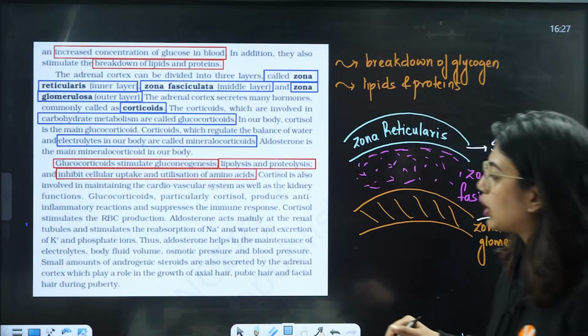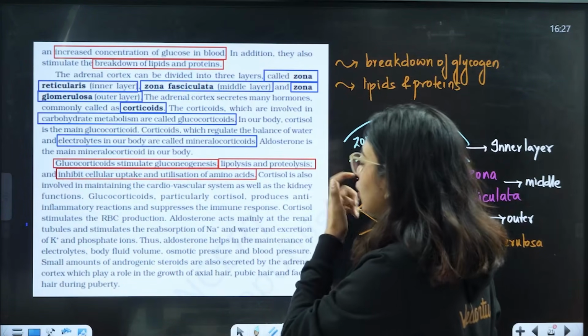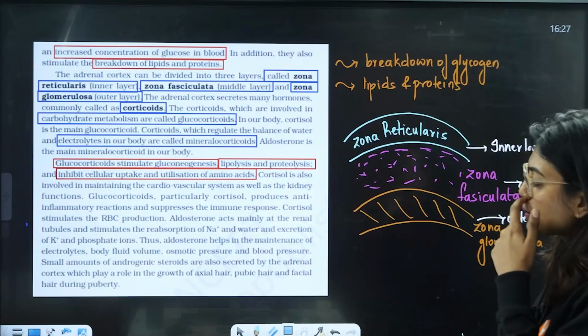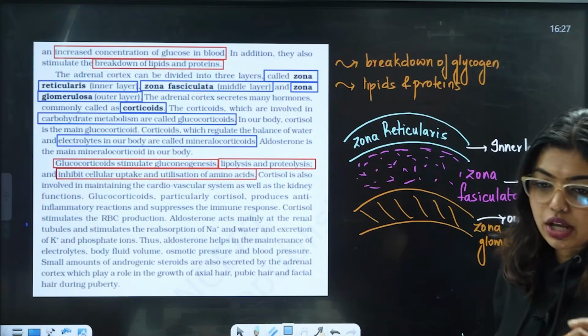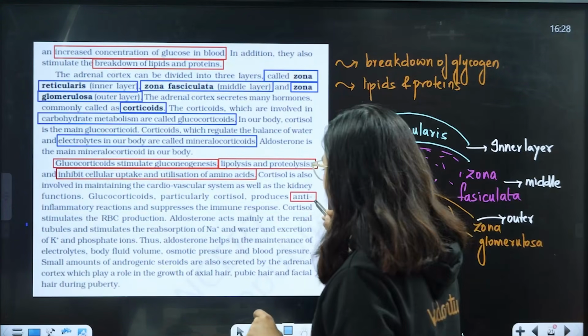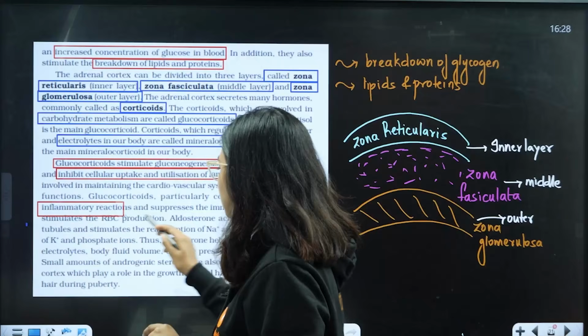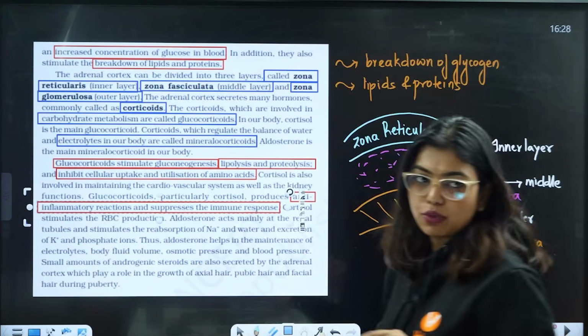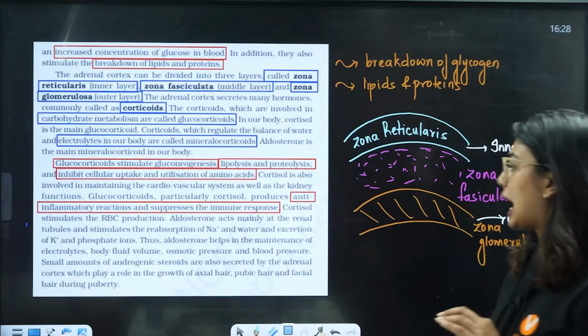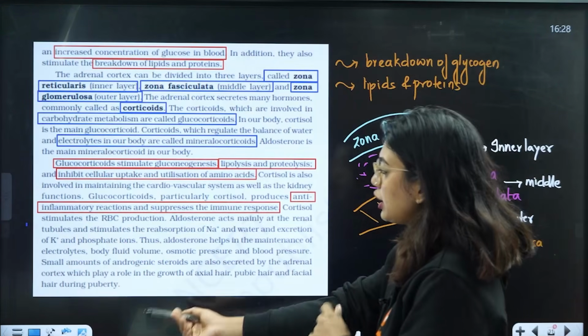Cortisol is also involved in maintaining the cardiovascular system as well as the kidney functions. Glucocorticoids, particularly cortisol, produce anti-inflammatory reactions and suppress the immune response. Cortisol also stimulates RBC production. Aldosterone acts mainly at the renal tubules.